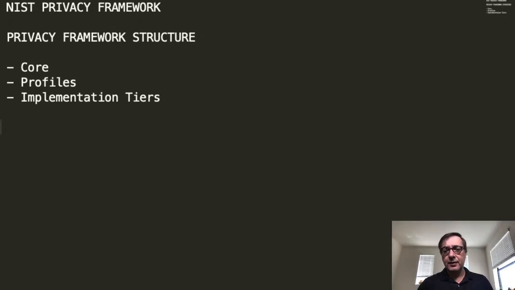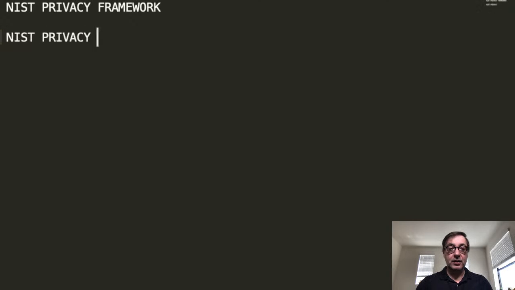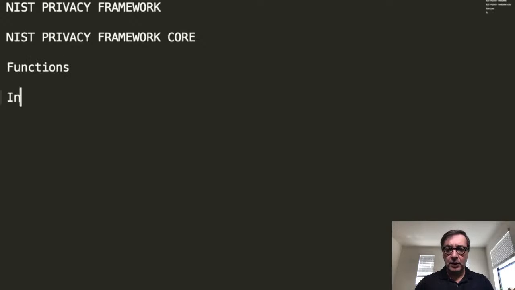And for that, so let me erase these and talk about the NIST Privacy Framework Core. Let me see what I can put here for you. So there are functions, and then I'll put a couple of things here. Identify-P, and I'll explain what that means later.